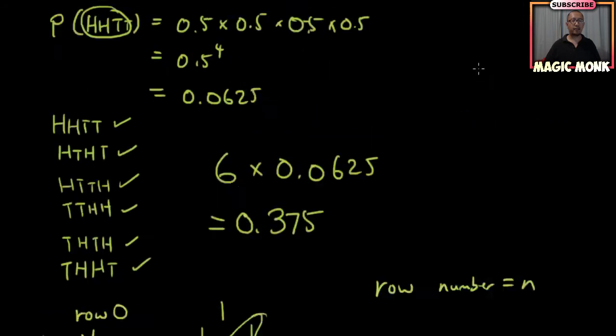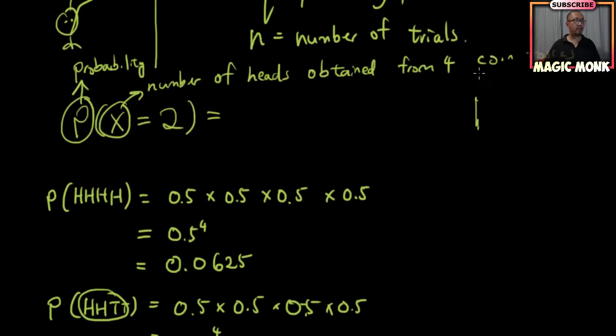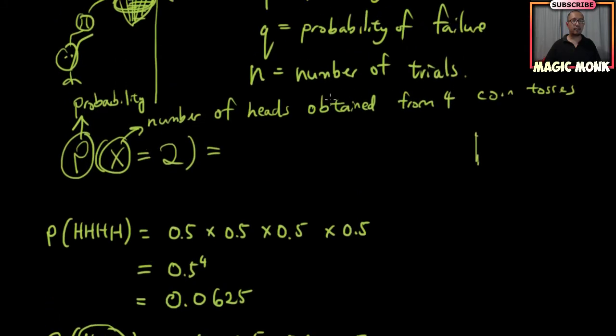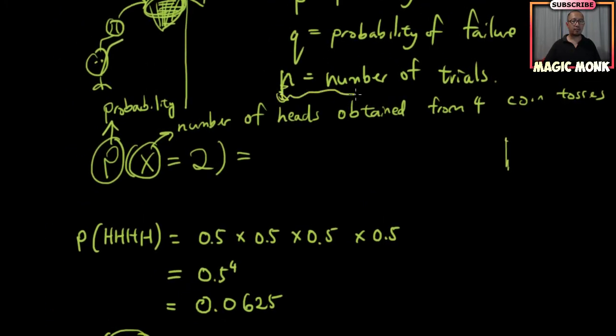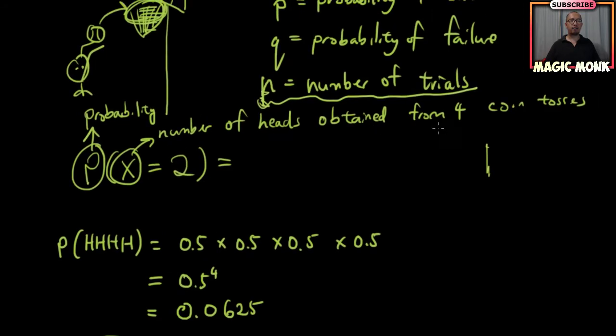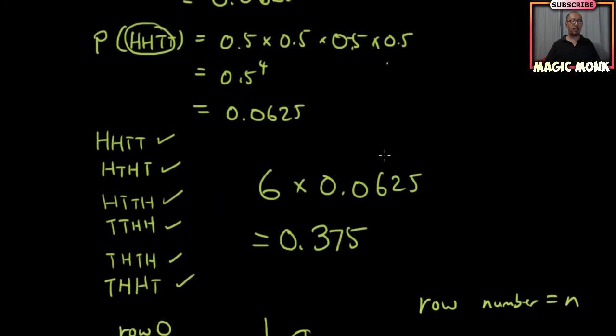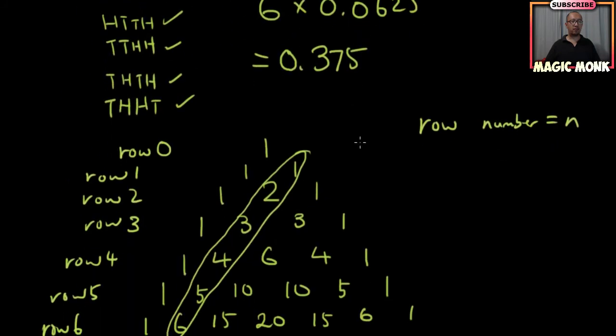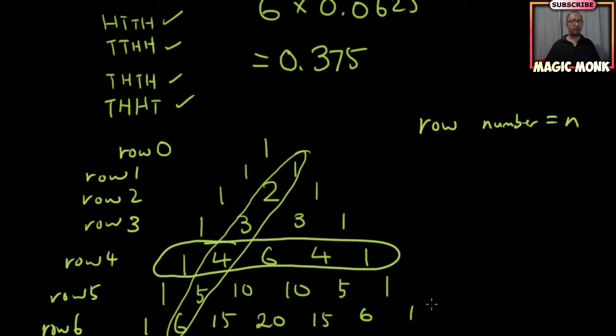So n, if you guys can remember, which I said previously, is the number of trials. So if we want to know the probability of the number of heads obtained from 4 trials, then you go down to the 4th row, which is over here. Okay, 1, 4, 6, 4, 1.